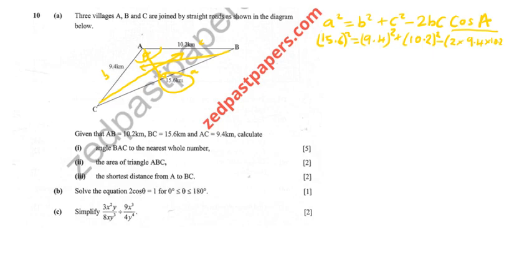You can even close the bracket, and then you write cos a, like that.